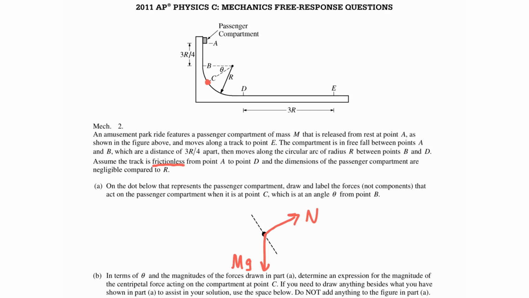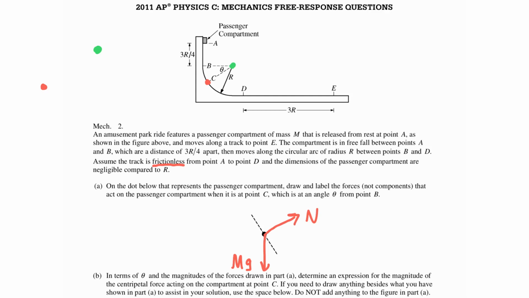One is point C, and the other point, which I've labeled in green, is the center of the circle that would describe the arc of that track that the compartment is moving through. I'm labeling those points outside of the diagram so we can see a little better what's happening.